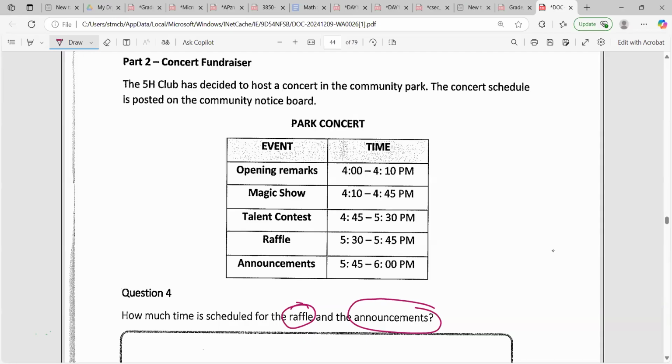Every time. So do that for me, please. We did one today in the regular class and it was based on time as well. So you guys can WhatsApp me and I will give immediate feedback. All right. How much time is scheduled for the raffle and announcement?